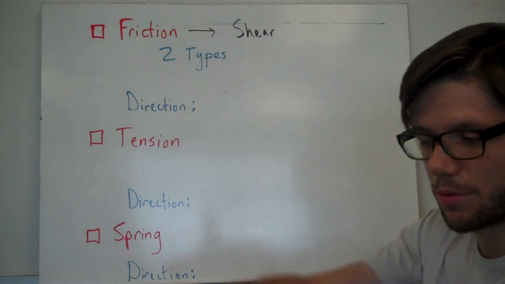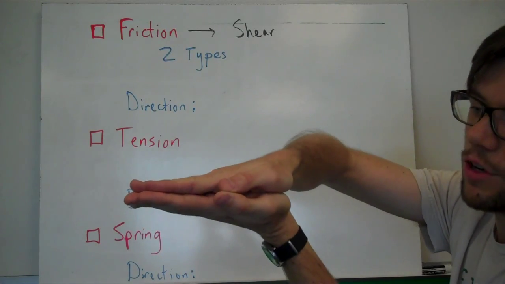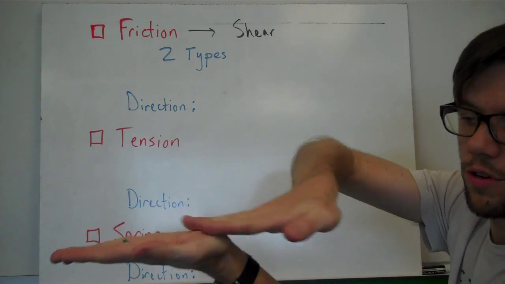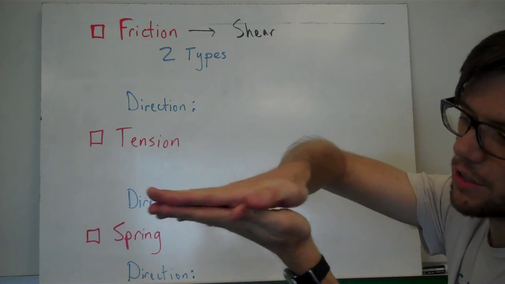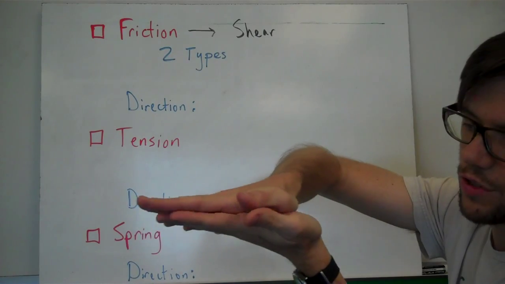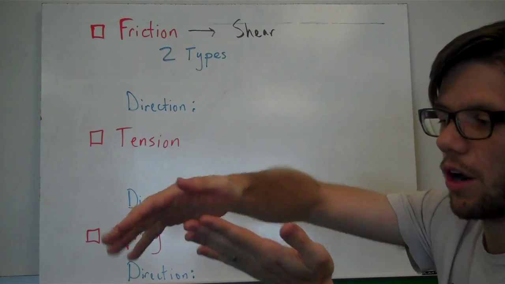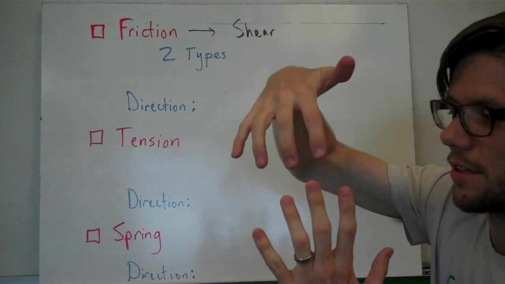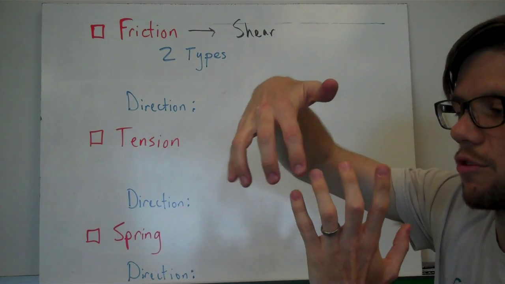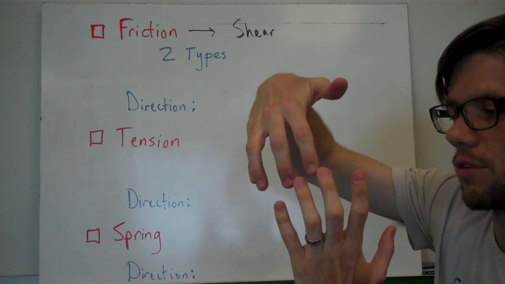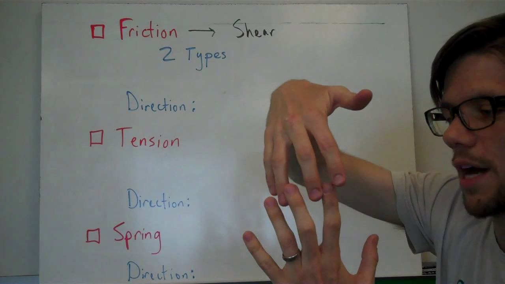So let's do a couple examples. One example of friction would be if I took my two hands and moved them back and forth across one another. If I looked at the microscopic level of the surface of my hands, and my fingertips represent the molecules or atoms on the surface of my hands, as they move past one another, they sometimes interlock and have to move over top of one another.